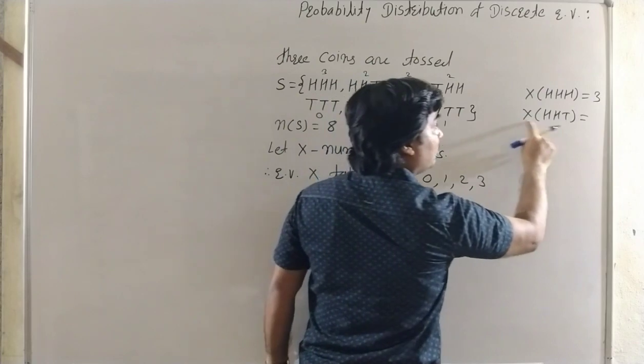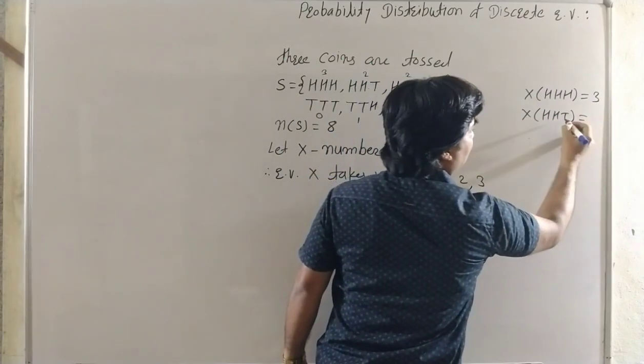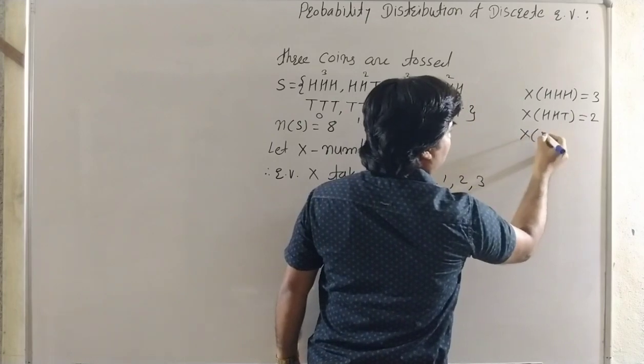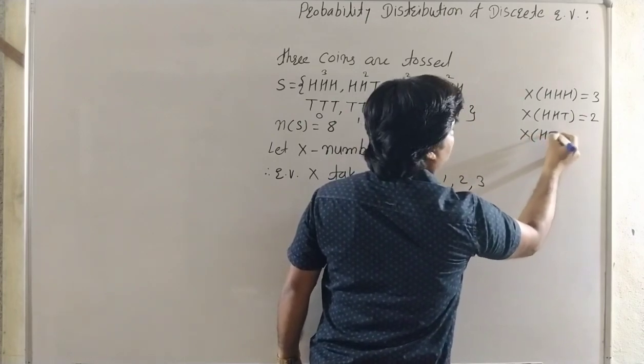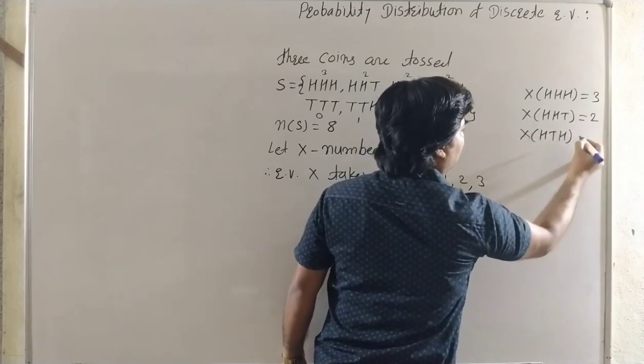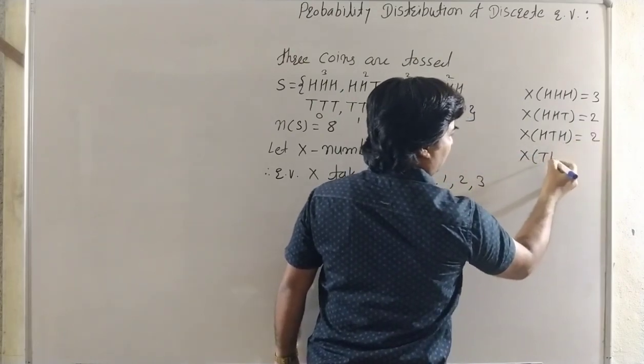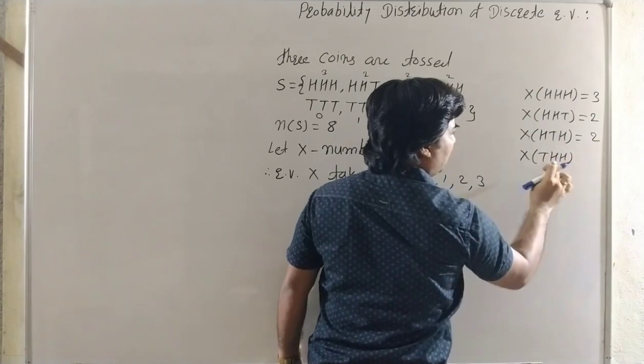We count the number of heads in each outcome. Here X in the first outcome, H H H, is the number of heads, which is 3. The second outcome is H H T. Here X is the number of heads, so we count them: H H, there are 2 H, therefore it is 2. For the third outcome, H T H, again there are 2 heads. X is the number of heads, and the fourth outcome is T H H.